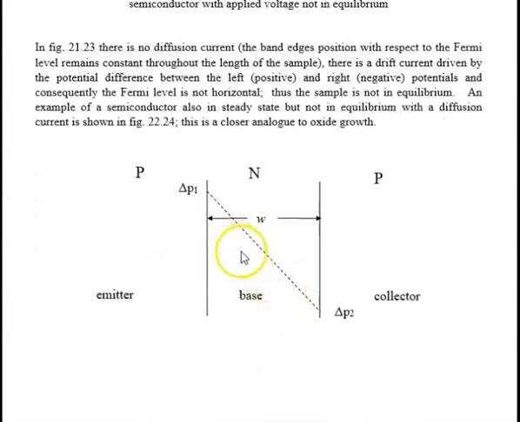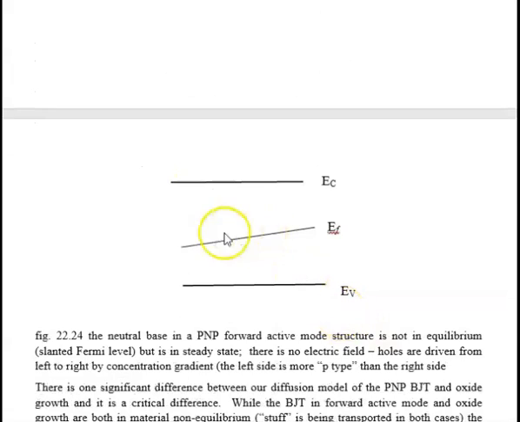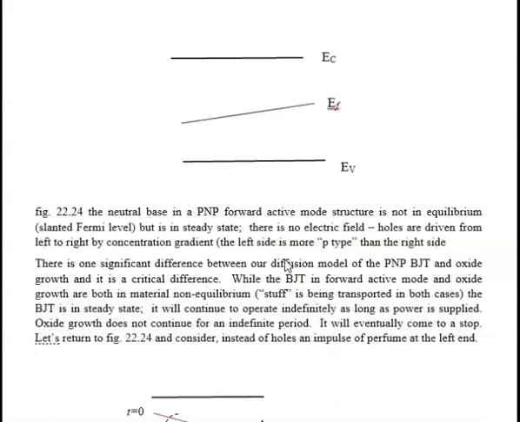However, if we look at the neutral base region in a PNP bipolar junction transistor, we have more excess holes on the left than we do on the right, and therefore we have a diffusion current from left to right because delta P1 is greater than delta P2, and that's what we're saying here. The left side is more P-type, the right side is less P-type, so we have a diffusion current. We have no electric field because EC and EF are horizontal, but we do have material non-equilibrium because stuff is moving. Okay.